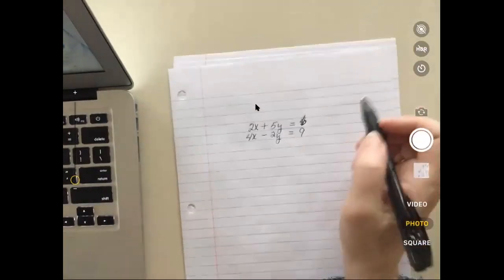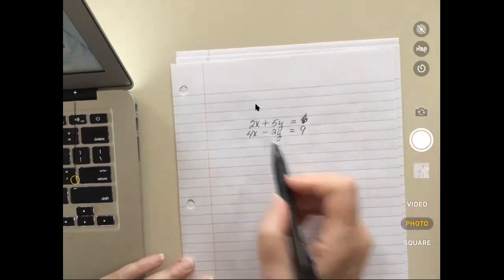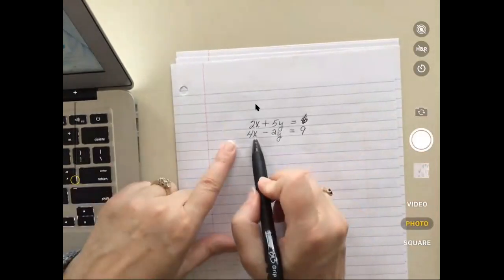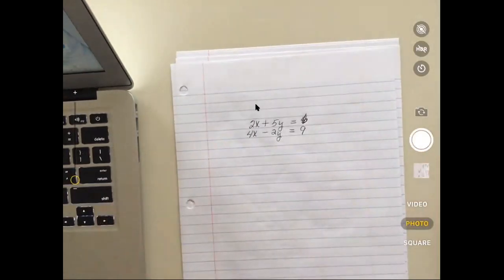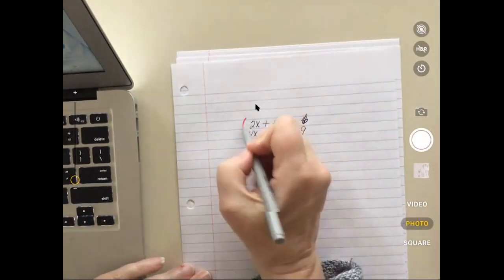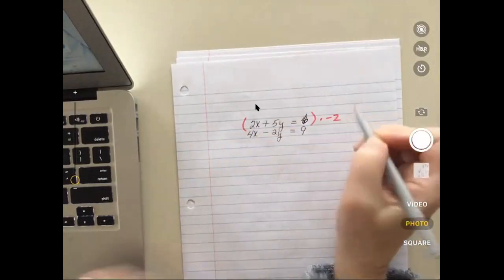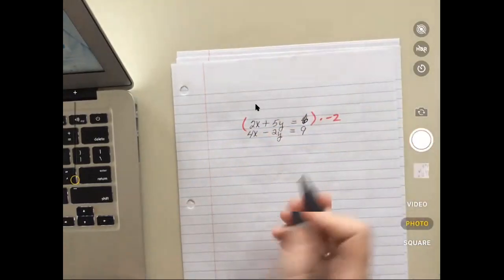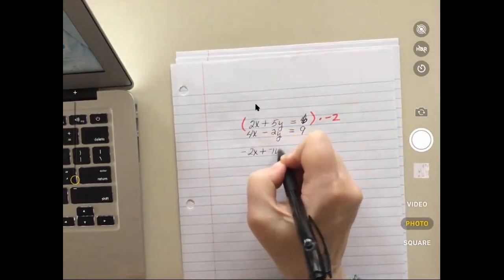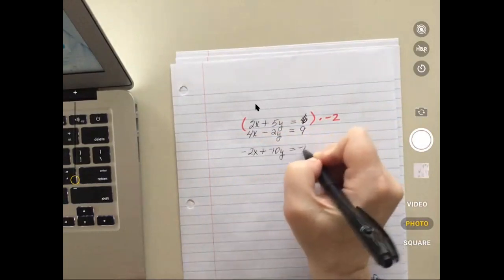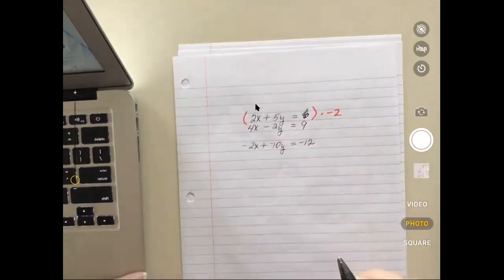Anyways, so to solve this by elimination, look at the x's. These are the same number, but what if I took the whole top equation and multiplied it by -2? So then the top equation would become this, -2x plus -10y equals -12. Let me stop and let you look at that. You see what happened? I multiplied the whole top equation by -2.